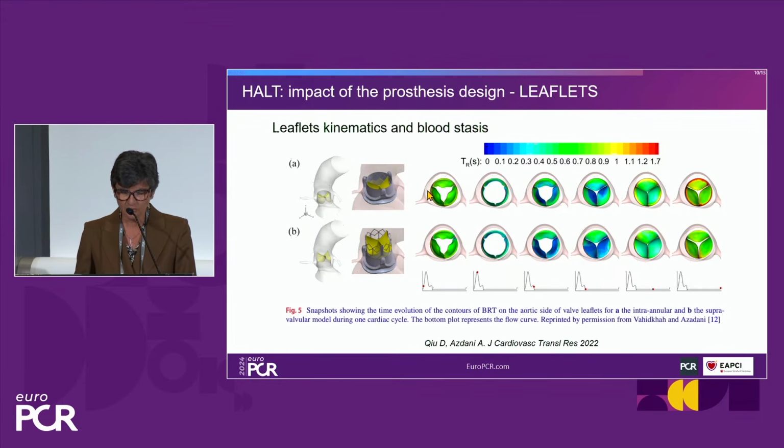And you can see here on these illustrations with balloon or self-expanding valve, the engineers analyzed where exactly on the leaflets is located the zone of absence of mobility, which are the regions for thrombosis or thrombus deposit. So these leaflet mobilities were improved now on the new systems and are still under investigation.